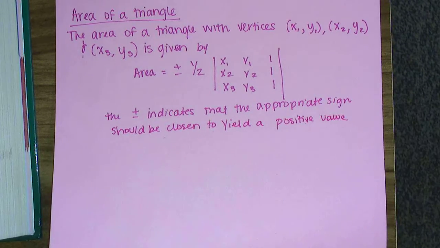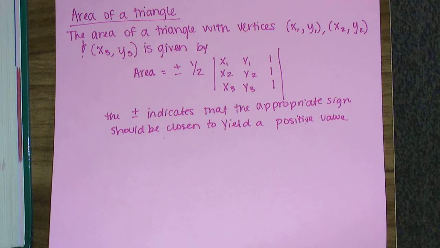We'd use this if you had a problem talking about a triangular region, maybe between different islands, and wanting to know what that area is between them. And we'll do a couple examples with that too, obviously.